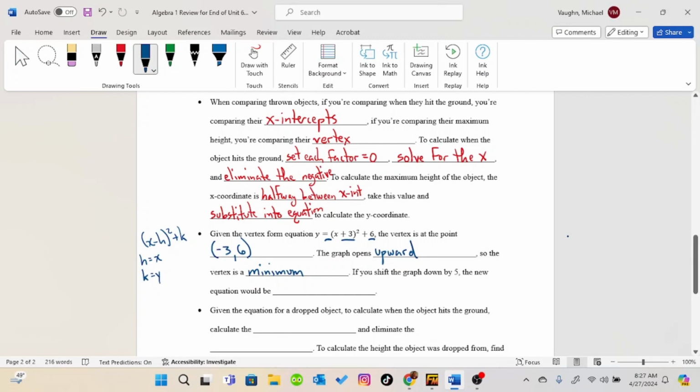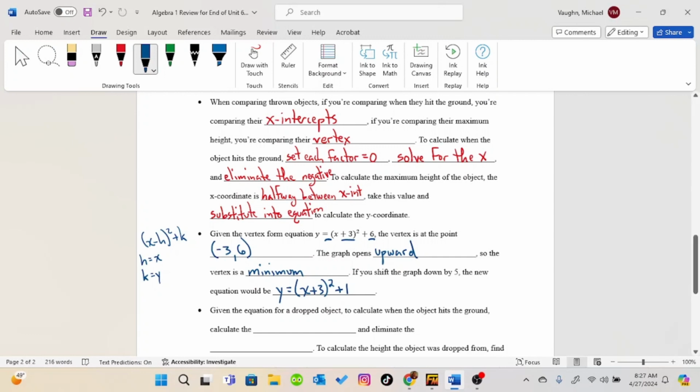If we were to shift the graph down by 5, the new equation would be y equals x plus 3 squared plus 1, because the up or down shift is what we're adding or subtracting outside parentheses.